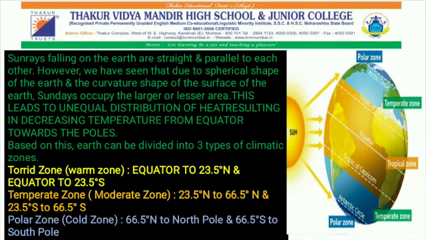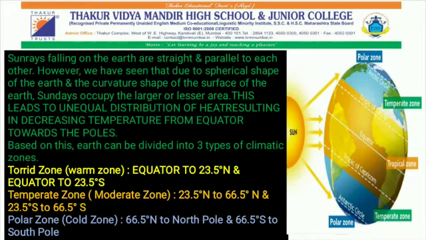We can see in the picture that rays fall slant after this, which is called temperate zone, that is 23.5 degree north to 66.5 degree north and 23.5 degree south to 66.5 degree south.